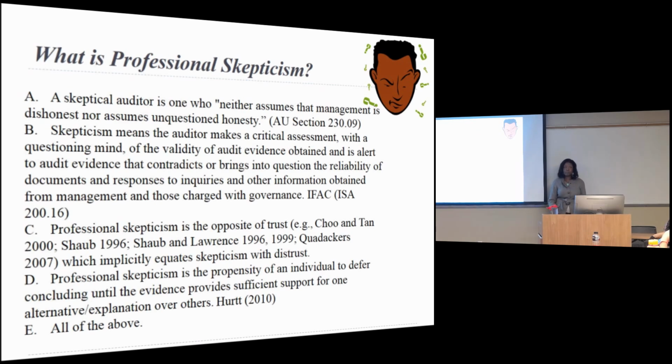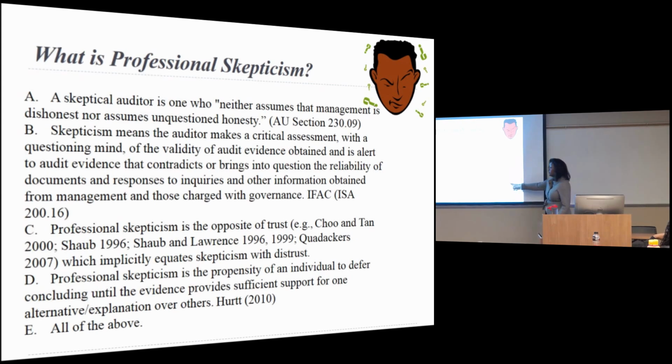So you're not going to just walk in and assume that the client is untrustworthy. But the reason for C is because that's the way it's been measured in the literature. People who are distrusting tend to be more skeptical based on research. Okay, so it is all of the above.